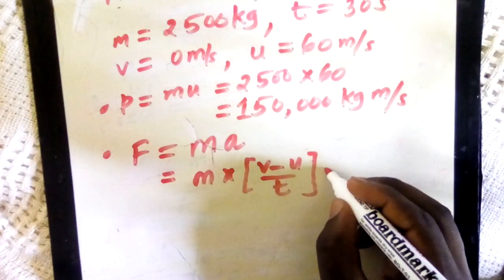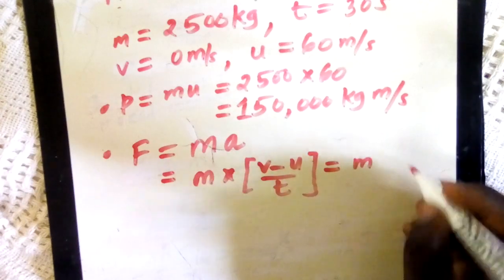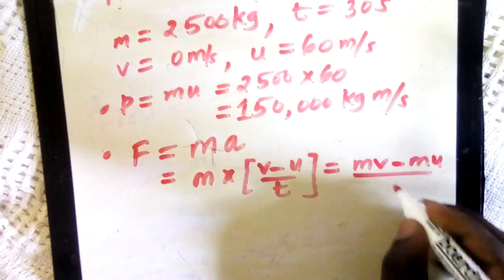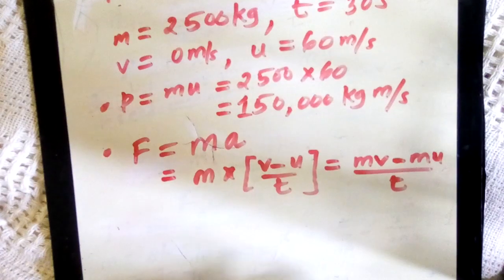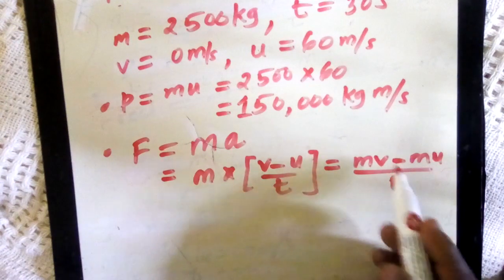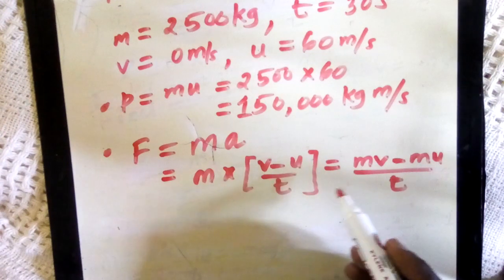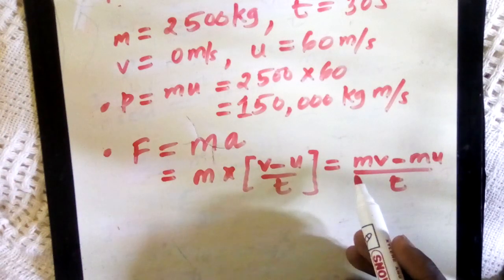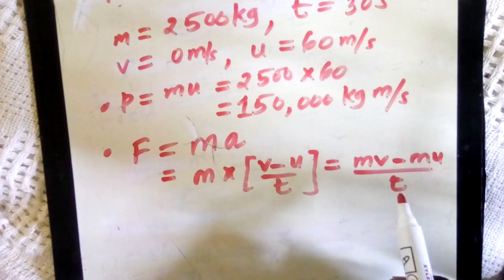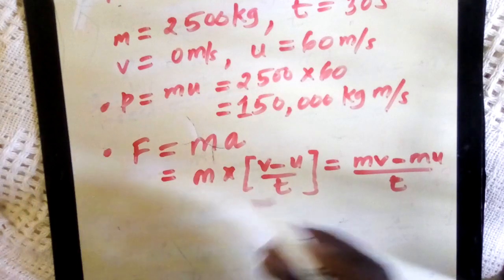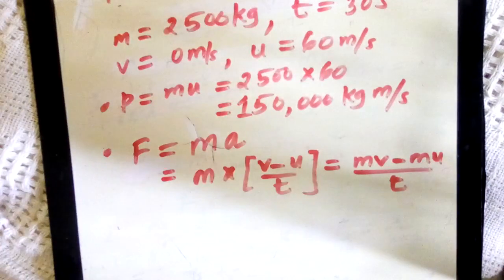So we can actually go ahead and expand a little bit more: mv minus mu over time. According to our problem, the initial momentum of this car is known, since the initial velocity of this car is known. But the final momentum of this car is definitely zero, since the final velocity of this car is zero.